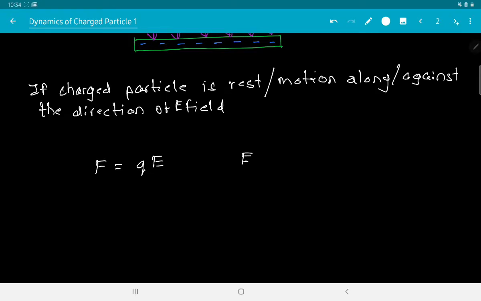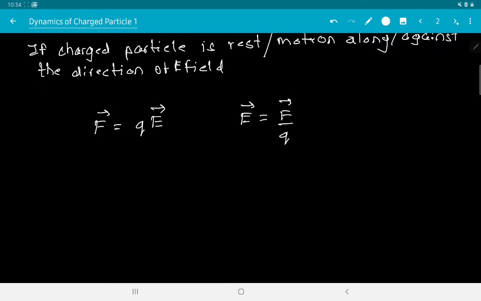As we know, electric field is force divided by charge, so we can write force is equal to charge into electric field. The force that the charge is going to experience in this field will be Q into E.